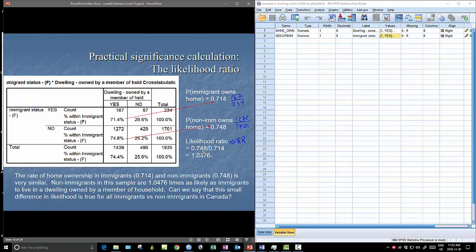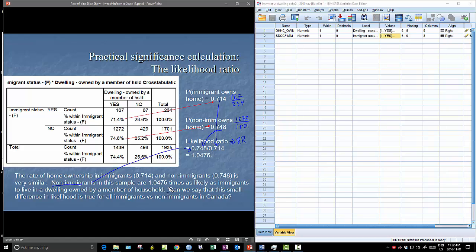When we divide these two numbers, note that I'm dividing the larger by the smaller, and I'm saying non-immigrants, because that's this one, are 1.0476 times as likely as immigrants.